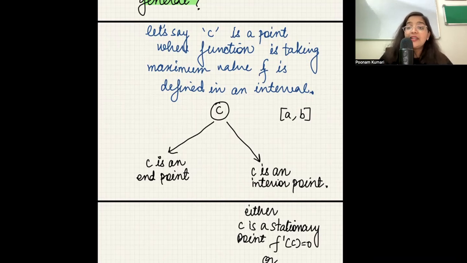So all these candidates are running the race. So who is the candidate to be a maxima winner or a minima winner? What are the properties of these candidates? Either they are stationary points, or border points, or the points where your function is not differentiable, right?